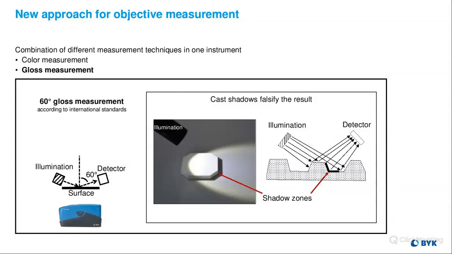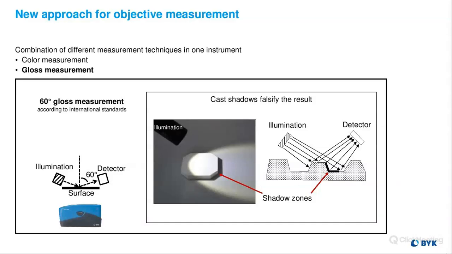The issue with this type of setup is as you increase your surface texture and you get a lot higher structures, this type of gloss measurement can cast a shadow and create what we call shadow zones, and these shadow zones can then falsify your gloss result because you're no longer getting that light that's been lost in those shadow zones as a reflectance.